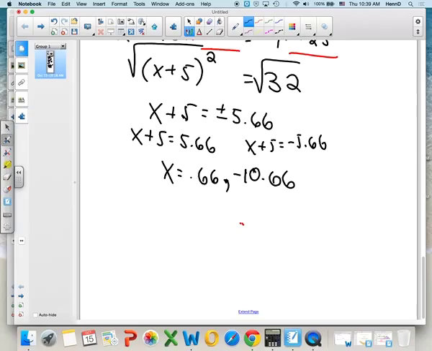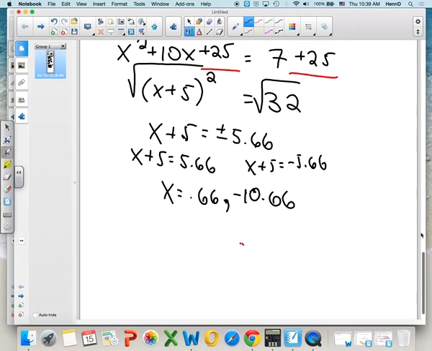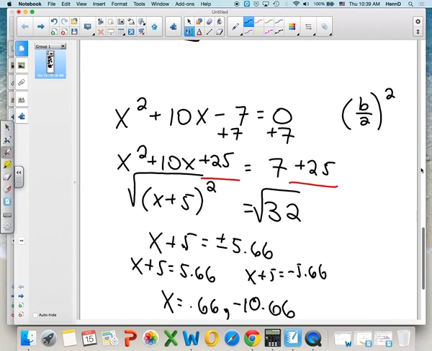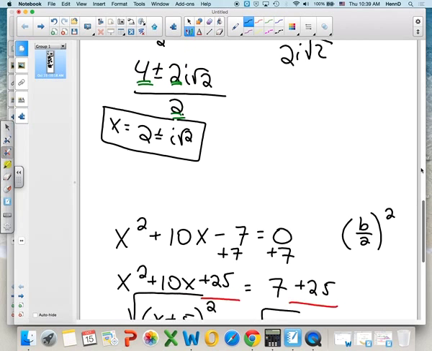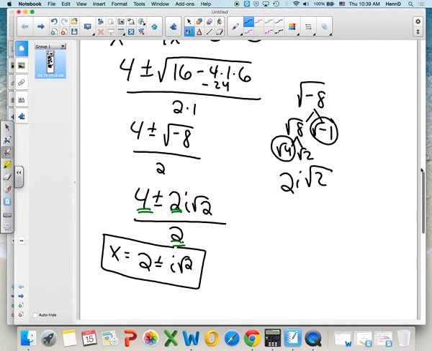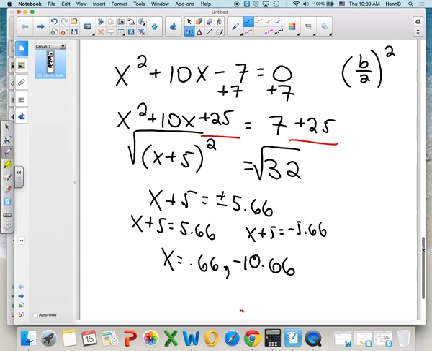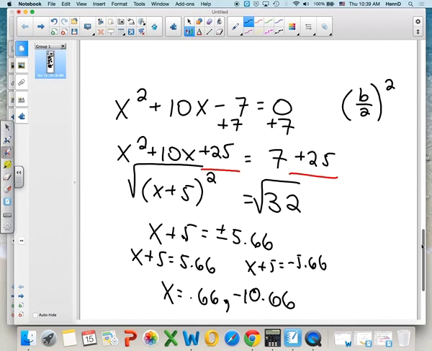So every single completing the square problem works exactly the same. It always starts off by moving the constant to the right, use the b over 2 squared formula, factor it on this side, it's always going to be something squared, square root both sides, make sure you do the plus or minus, and then it's always going to be one step, either plus or minus whatever that number is to the other side.